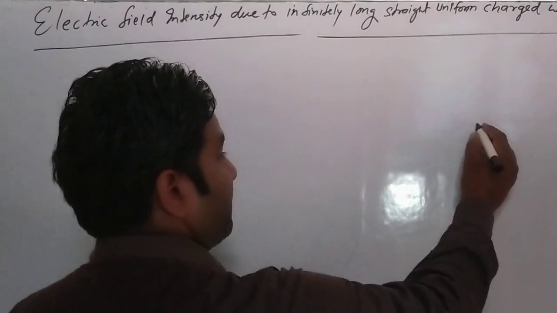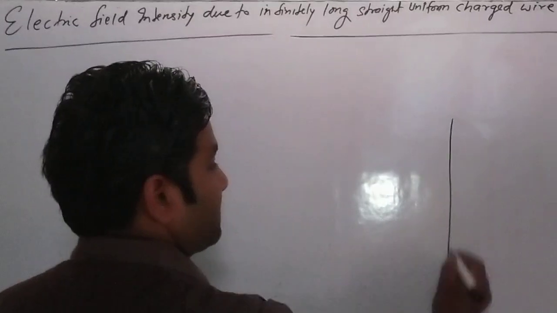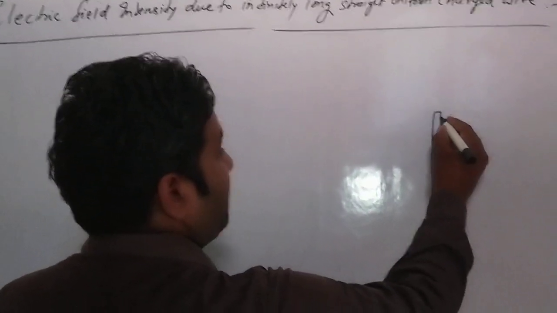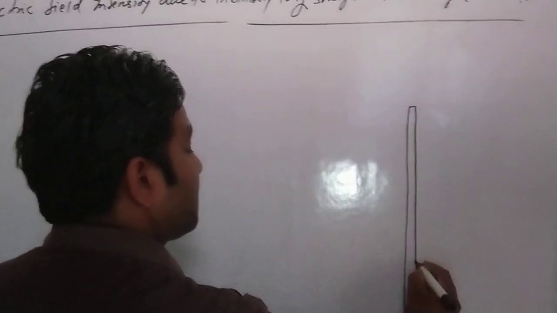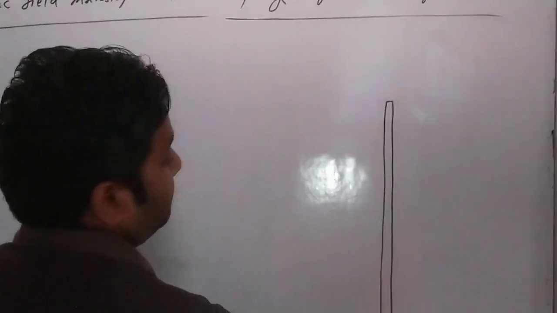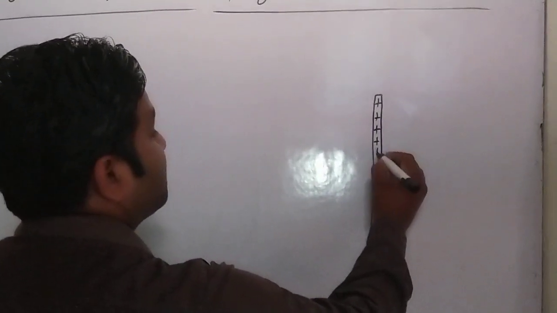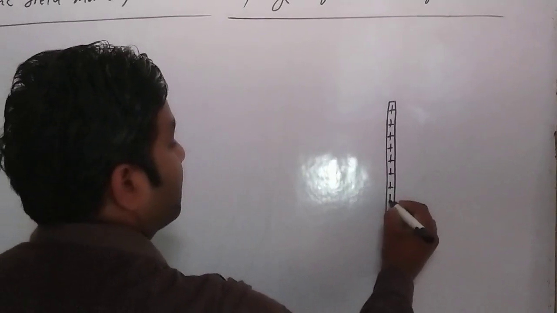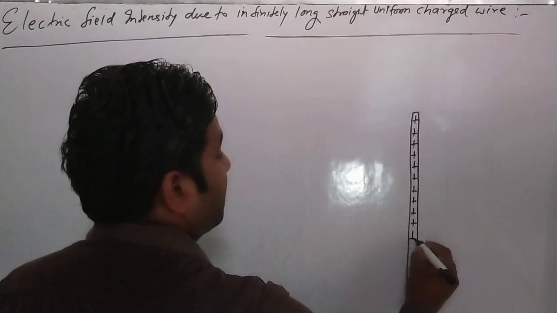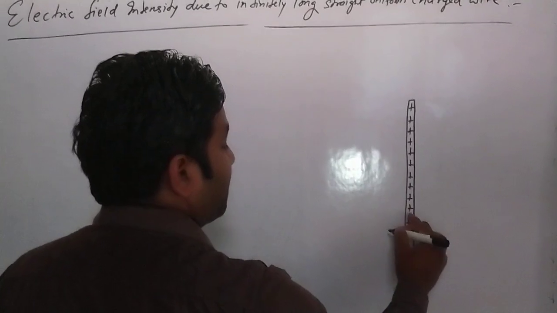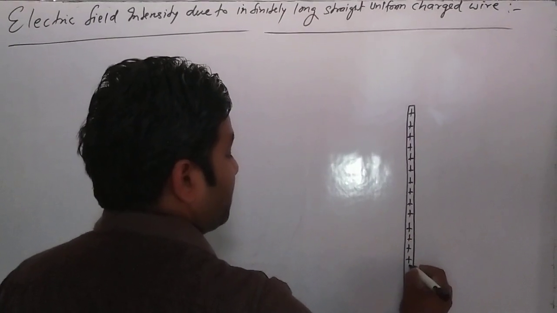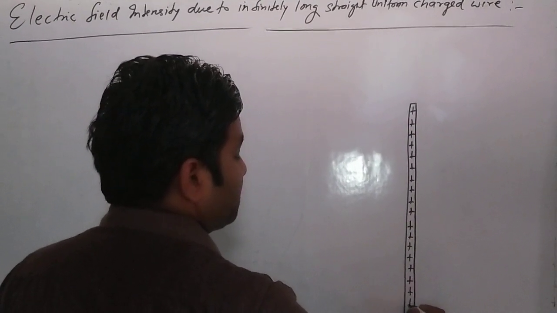In the diagram, a single thin straight line having positive charge, and we have to calculate the field due to this.